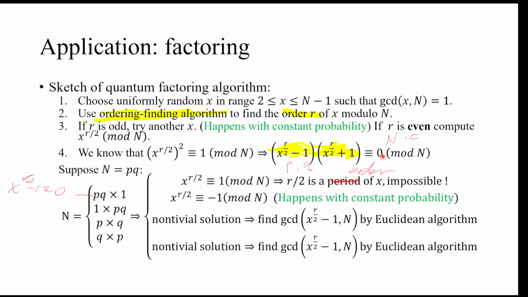So we have a lot of cases here. But basically what we are doing is we can just keep drawing x and try to find the GCD of x to the r over 2 minus 1 with n and see whether you get a non-trivial factor.